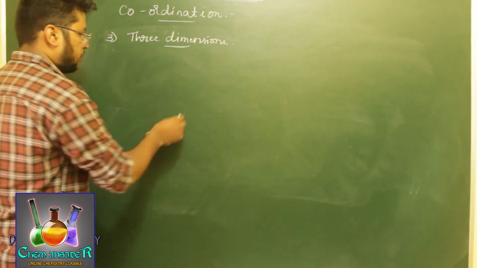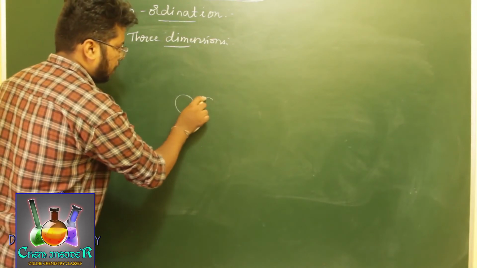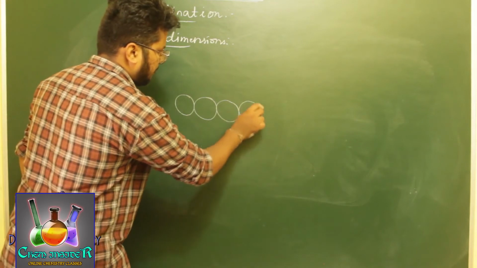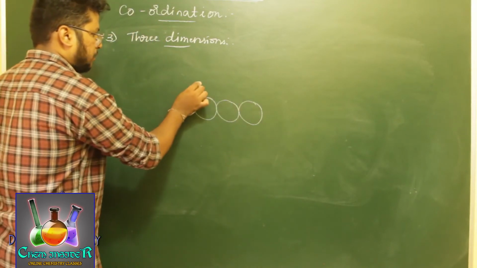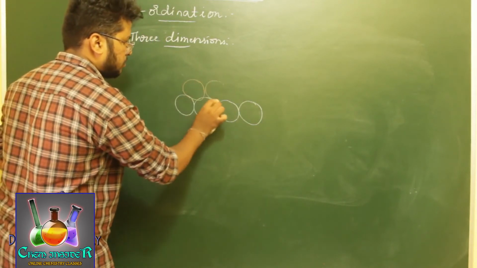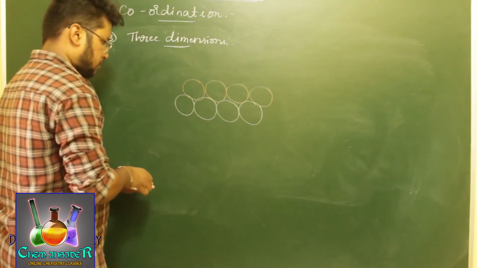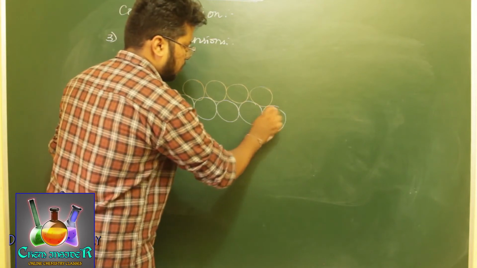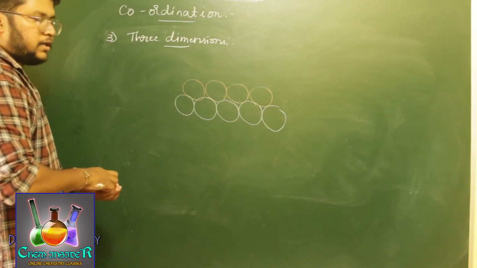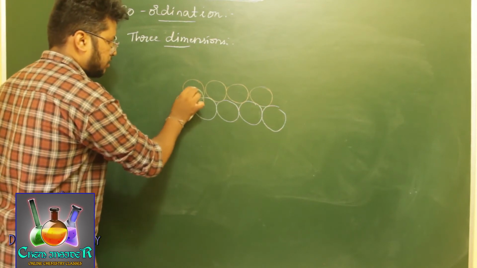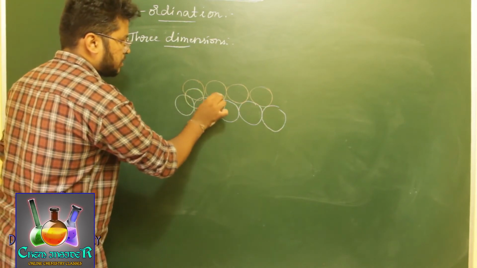So if these are the A layers of atoms and these are the B layer of atoms, the third layer can be arranged on this exactly like this, overlapping the three spaces created by it.